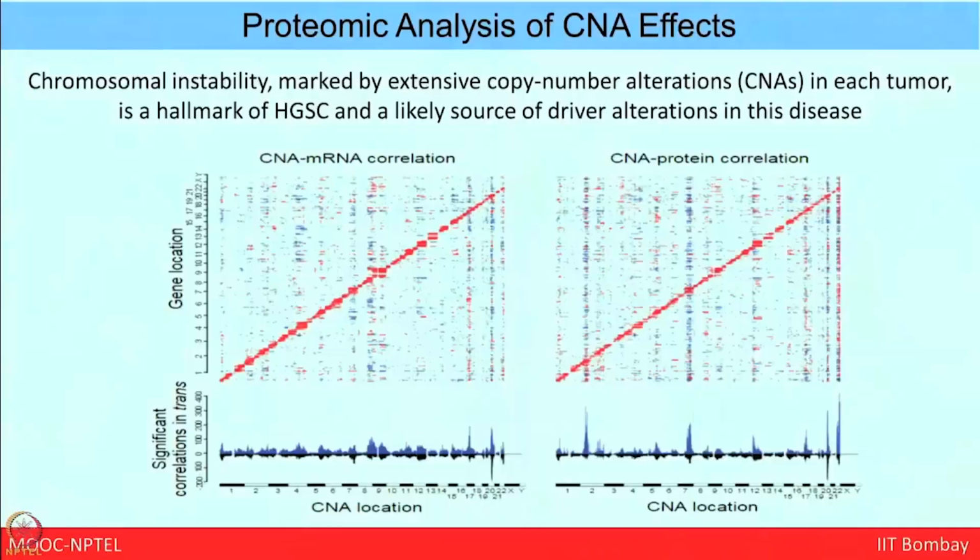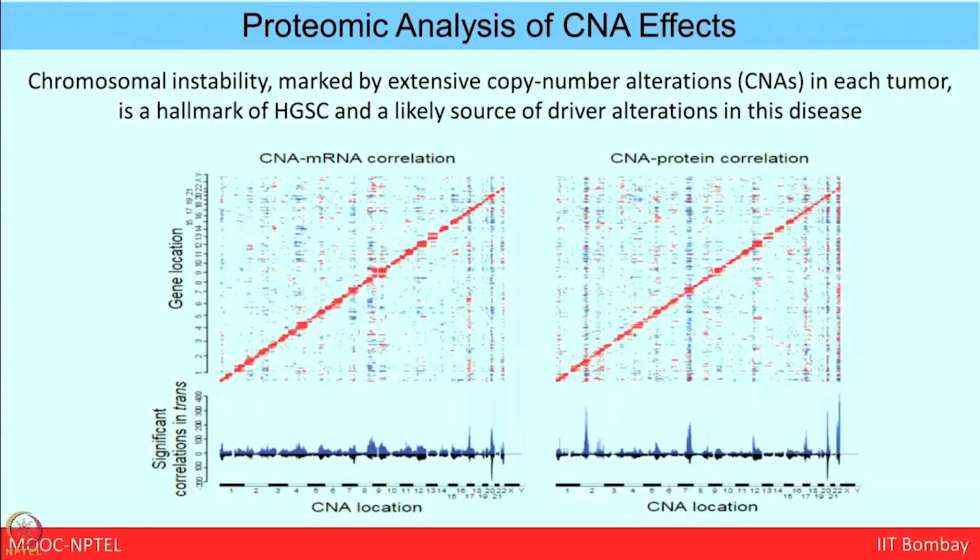So, till now we understand that the protein and mRNA correlation is there and how this protein and mRNA correlation is also playing a role in terms of biological pathways. But now they also tried to understand how CNA, that is copy number aberration, in each tumor is playing a role with protein and mRNA correlation.